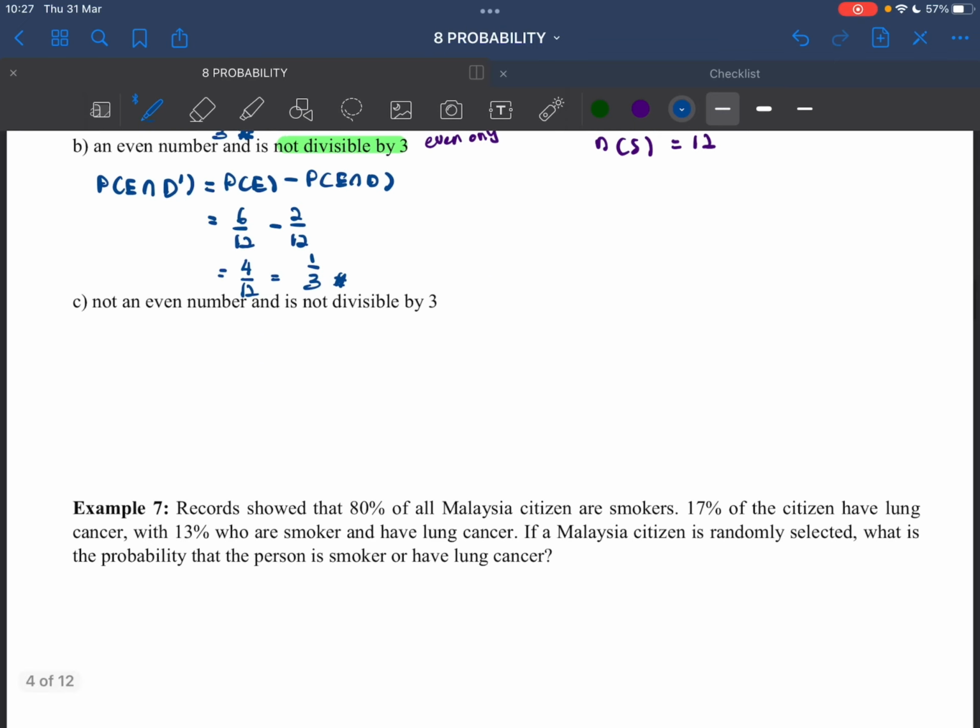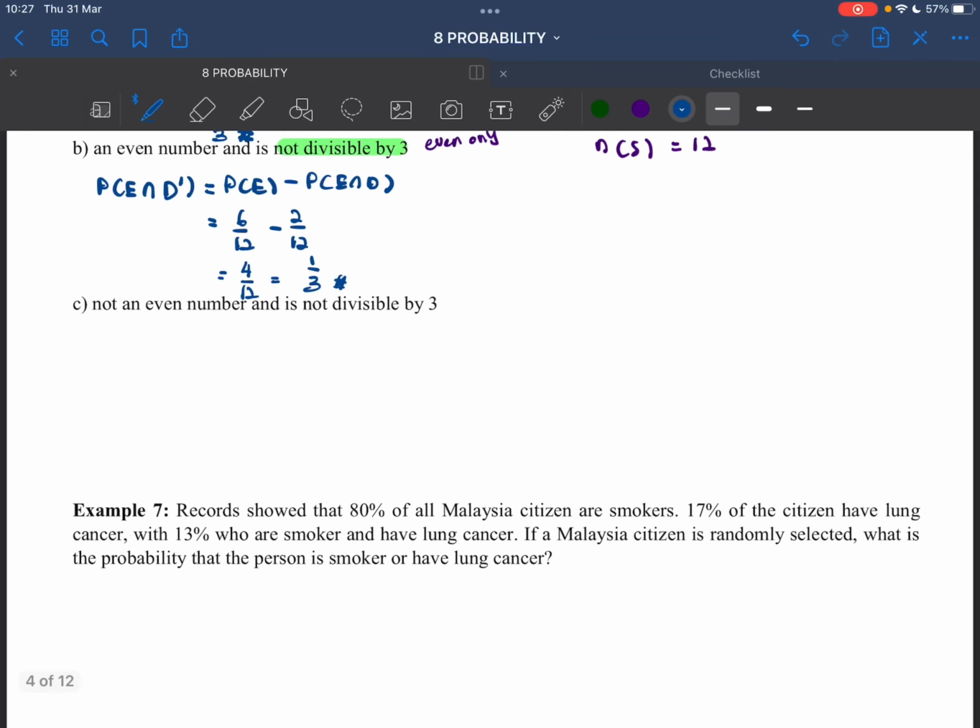Okay, now the last question: not an even number and is not divisible by 3. So P(E not intersect D not), okay, P(E prime intersect D prime). So De Morgan's rule. What we are going to do here is, if you have not here, we are going to turn this into a union. Okay, so P(E union D), the not is outside, prime.